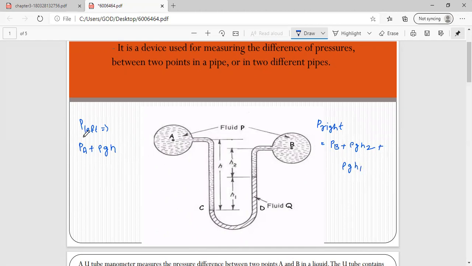If we equate the left limb and right limb, and you know the properties of the fluid and the height of the manometric fluid, then we will get the difference of pressures.